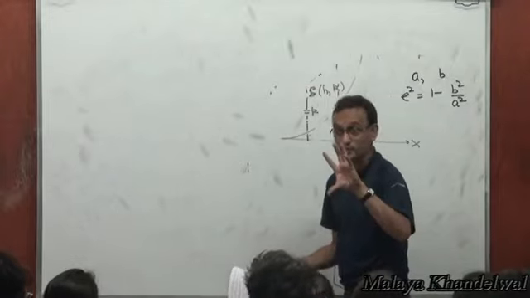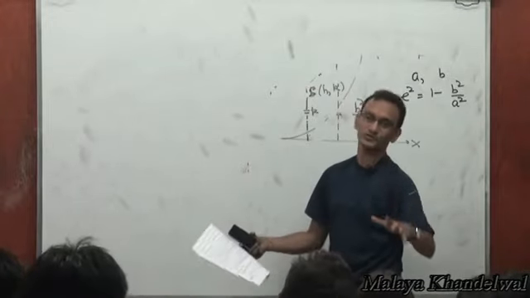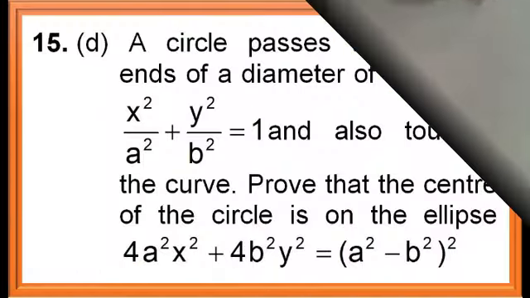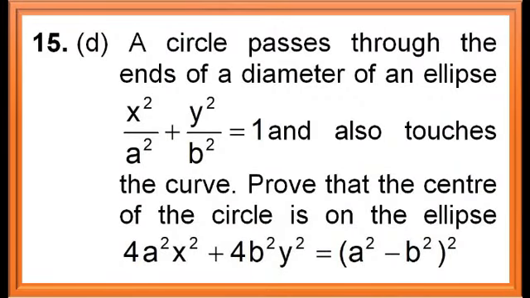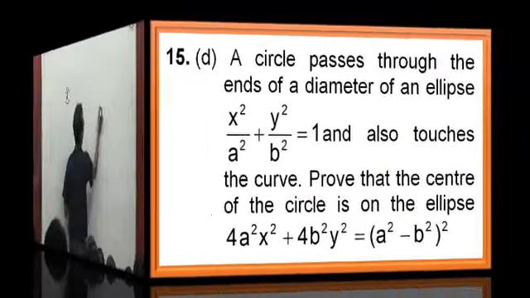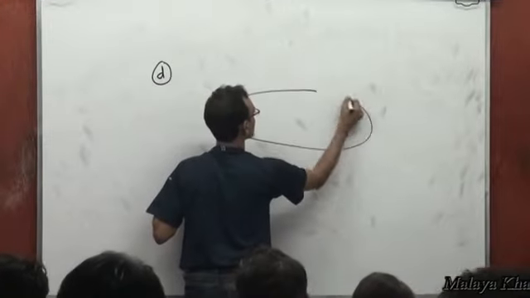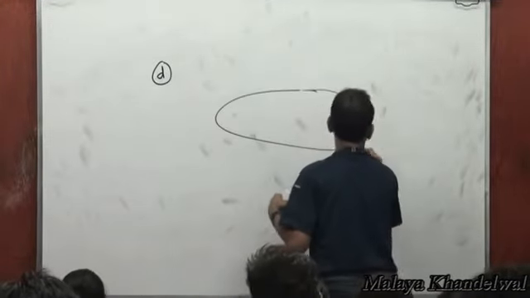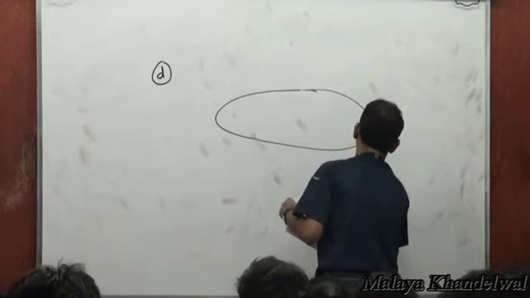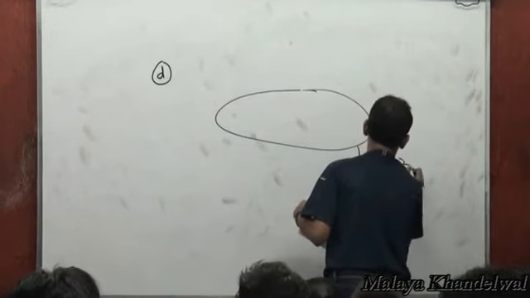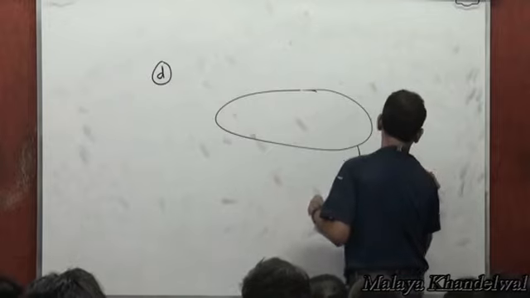Right? If the ellipse rolls without slipping on the two axes, right? So now this is an ellipse. Call it x squared by a squared plus y squared by b squared equal to 1.